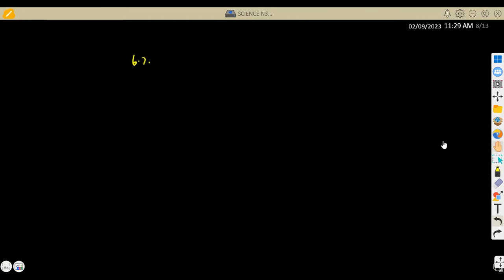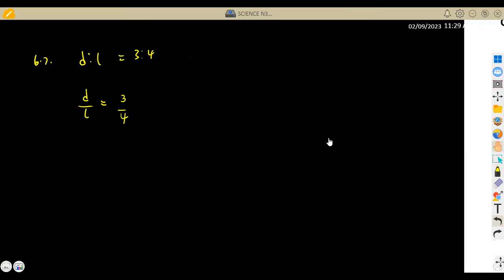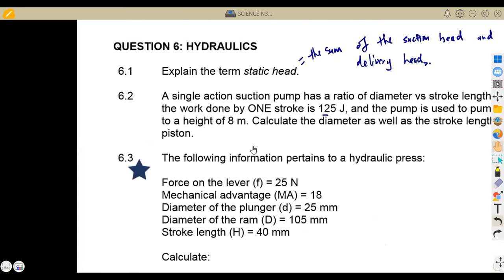Remember that a ratio can also be written as a fraction, so the diameter over the stroke length is equal to 3/4. From this you can play around with the formula, expressing L in terms of D or D in terms of L, but that's what we have for now.